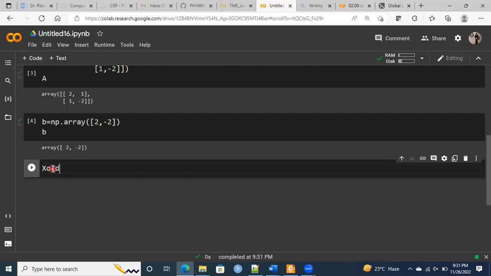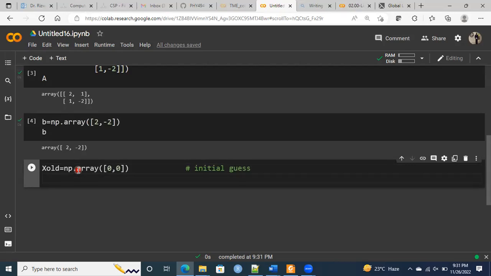Let me write x old equals numpy array, and I store here the initial guess 0 0. So we may start with any other initial guess. The new one, for the time being, is also equals 0 0. This is the initialization for array creation.